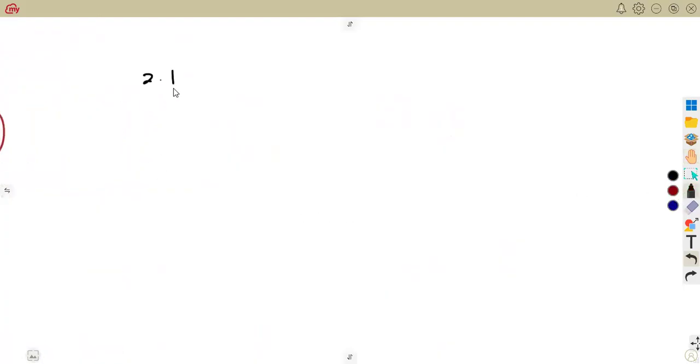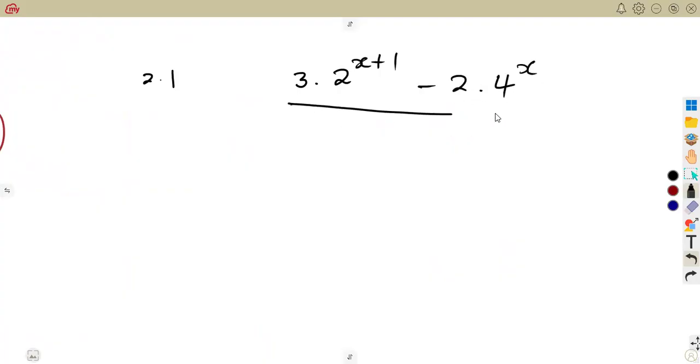So we were given 3 times 2 to the exponent of x plus 1 minus 2 times 4 to the exponent of x, over 3 times 2 to the exponent of x minus 2 to the exponent of 2x.